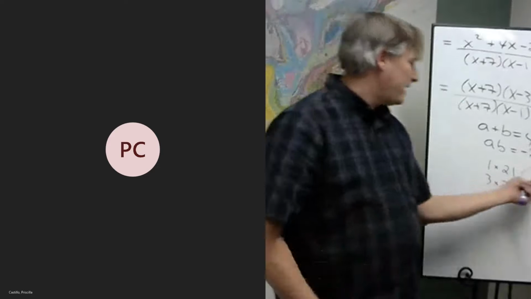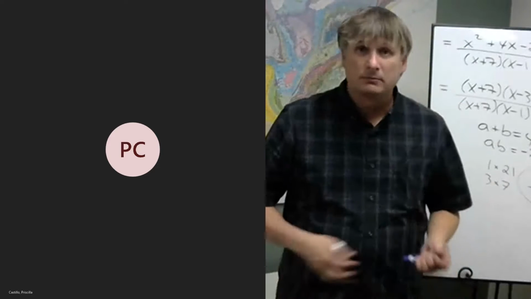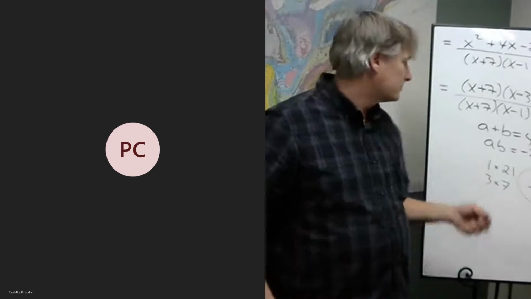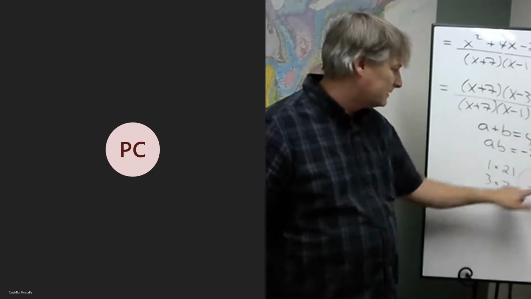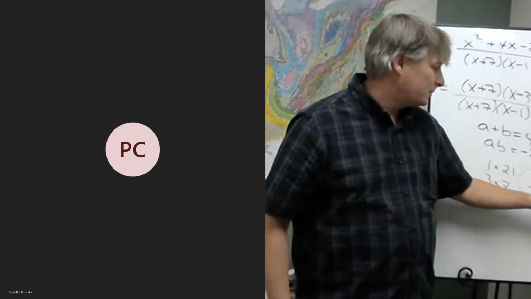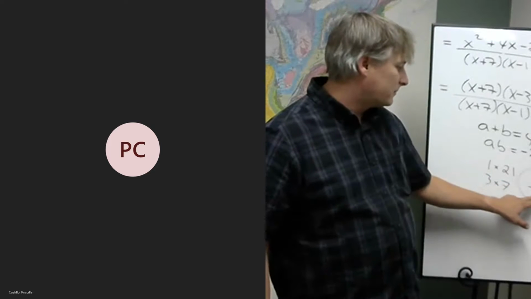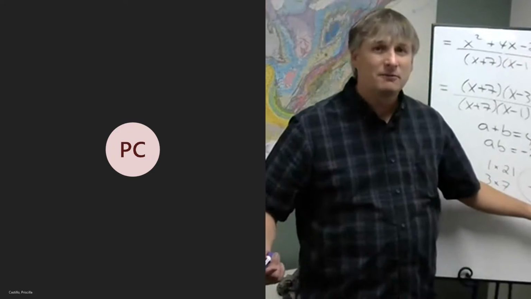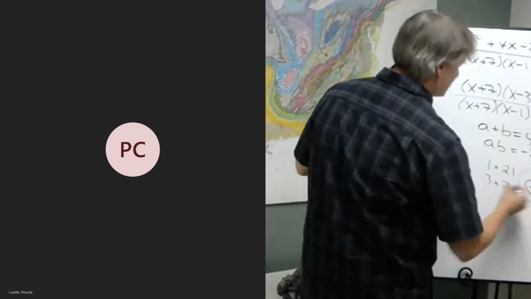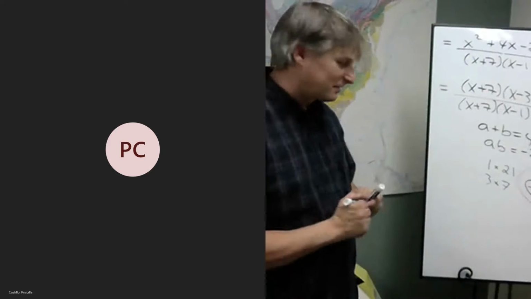These are the pairs that multiply to negative 21. And now we want to ask, if we added those numbers, would they give us 4? Well, if we add these, we'll get 20. If we add these, we'll get negative 20. Add these, we get positive 4. Add these, we get negative 4. So these must be our numbers. Negative 3, positive 7.